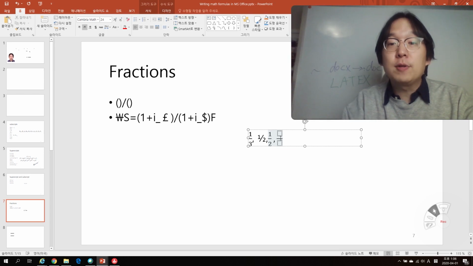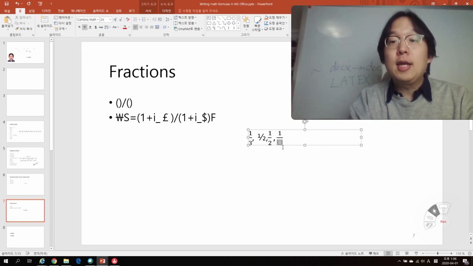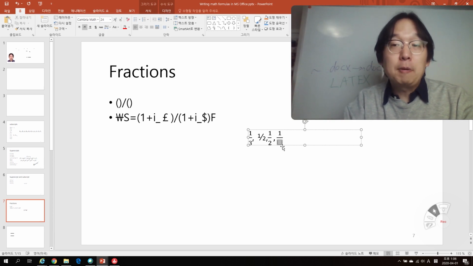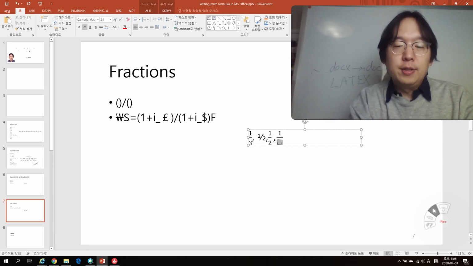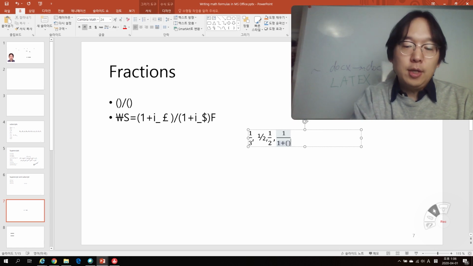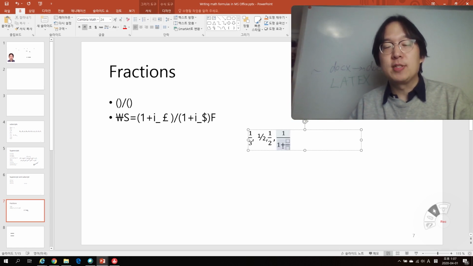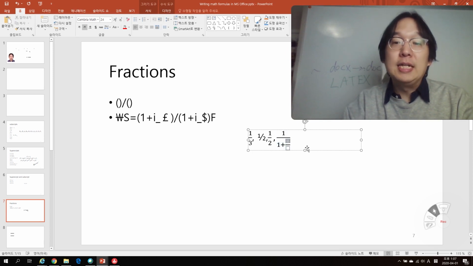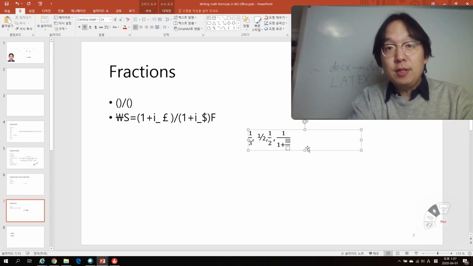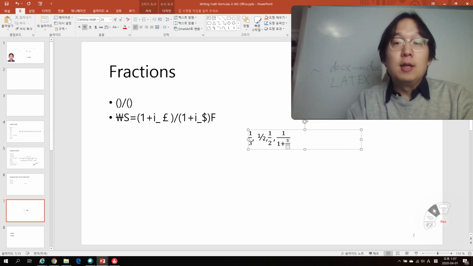Yeah, you can first create a big fraction, and then let's say you want to play with the denominator. There, you can create another fraction inside that denominator or numerator. Let's say over here, r over 12.